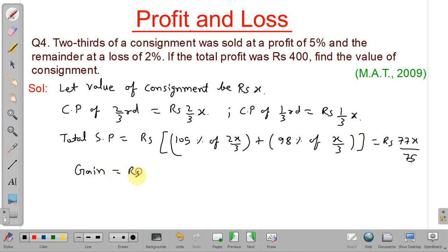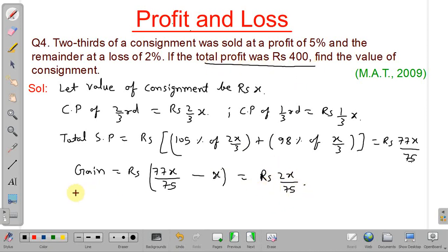Okay, so how much is the gain? Gain equals rupees, total selling price is 77 by 75x, so 77x by 75 minus cost price, and cost price is x. So gain will be rupees 2x by 75. Okay, but it is given that total profit was 400, so we have to equate this with 400.